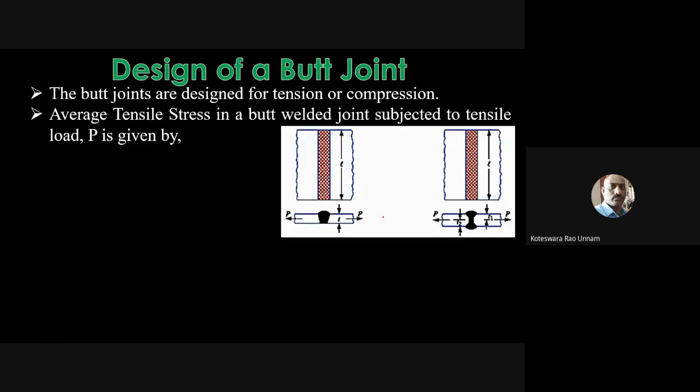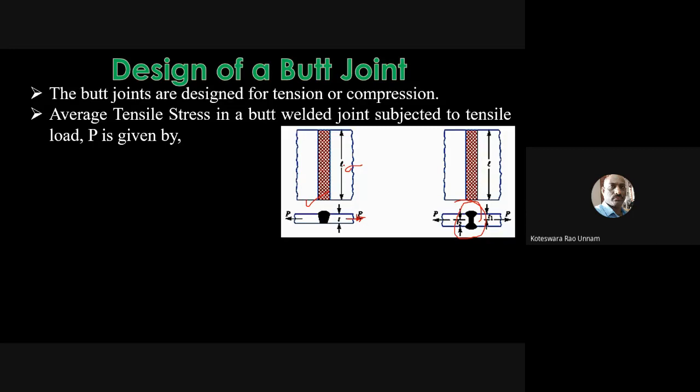Here you can see in this diagram, this is a single V type and this is a double V type. Both are butt joints. Now if the joint is subjected to a load P, I can calculate the stress. Here in design you may have two kinds of problems.